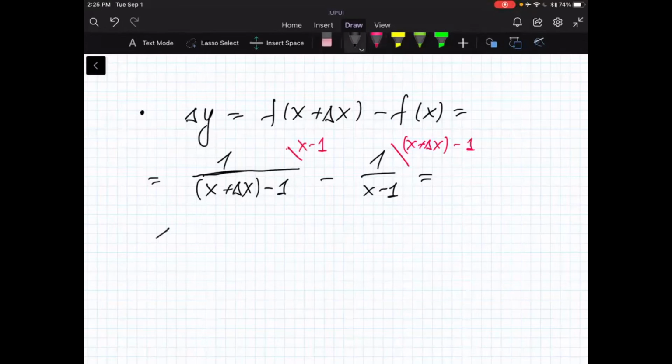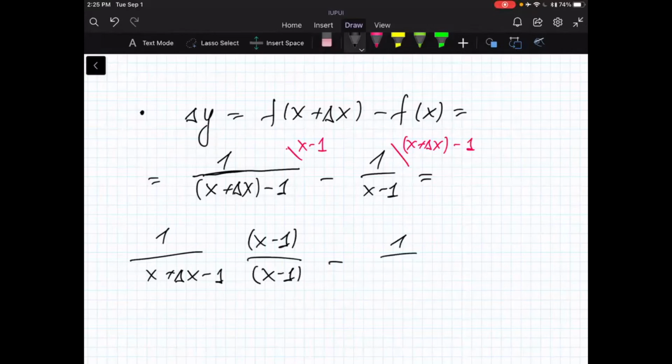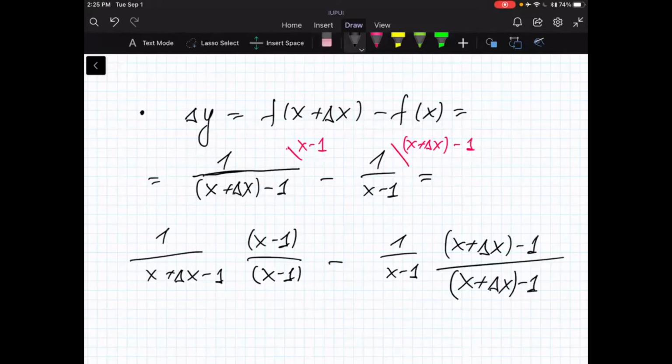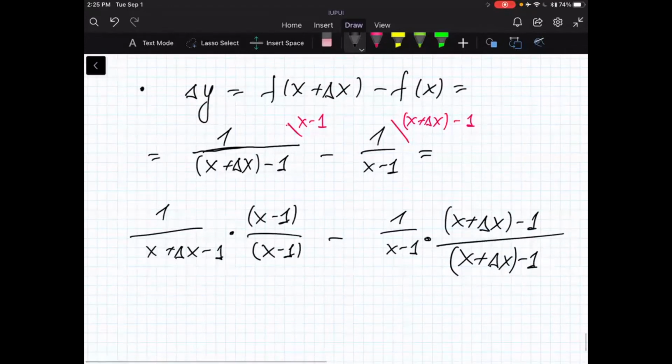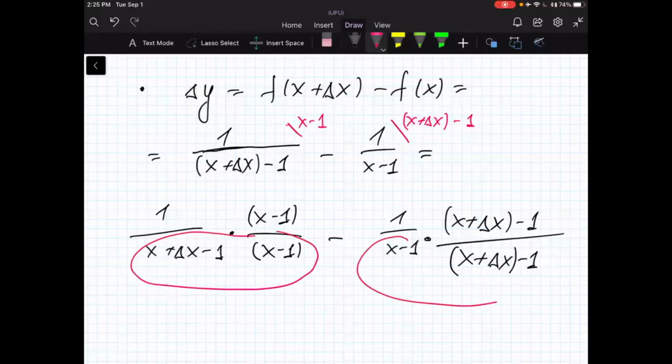So what I'm doing, I have this, and I multiply and divide by x minus 1. And the second, I have this, and I multiply and divide by this expression. So I multiply by one actually, but it's important that I have the same denominator.